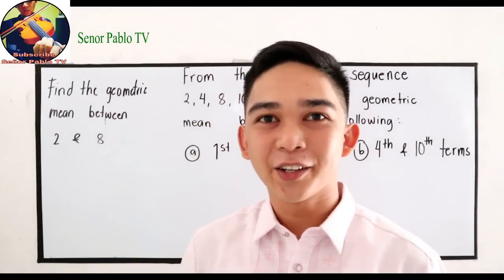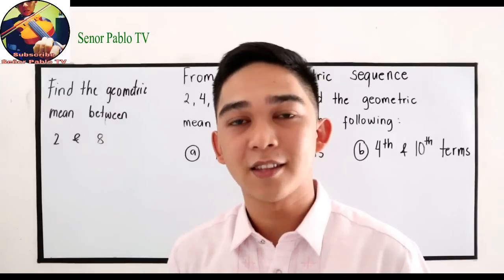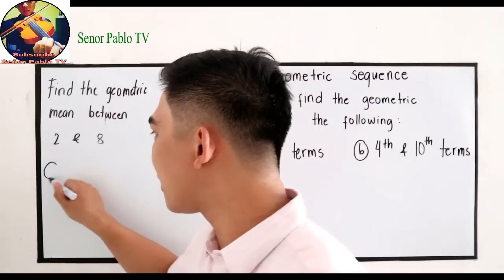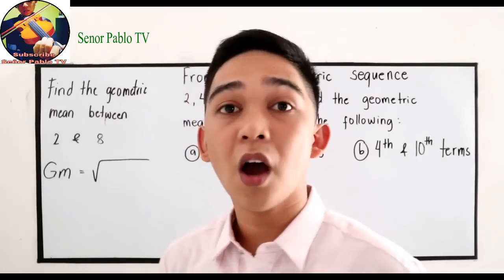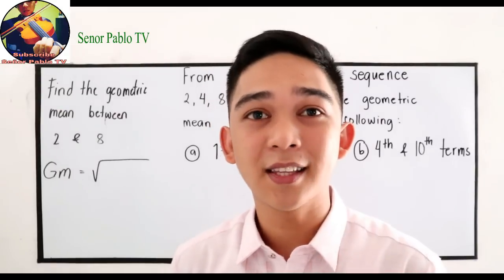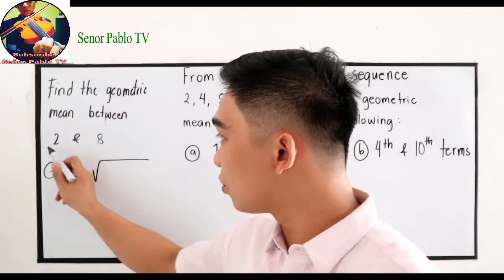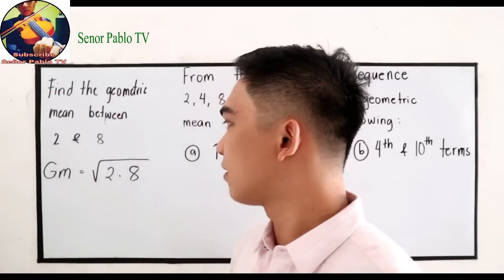Okay, example tayo. Find the geometric mean between 2 and 8. So meron tayong formula dyan. We have geometric mean is equal to the square root of the two given terms of the sequence. So ito, 2 and 8. So 2 times 8.